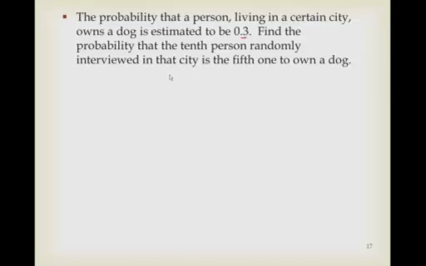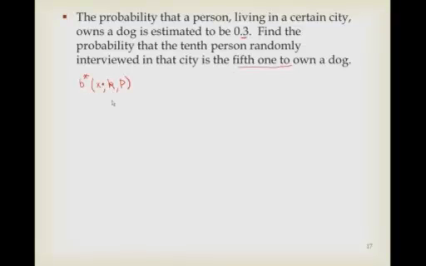And we're going to continue this experiment until we get a fixed number of successes, that is, the 5th one to own a dog. So we're going to use negative binomial, a binomial distribution of x, k, and p.